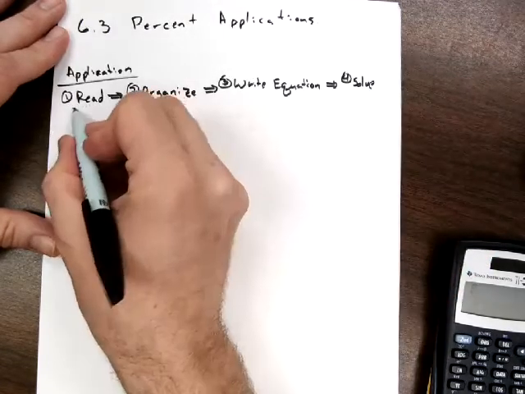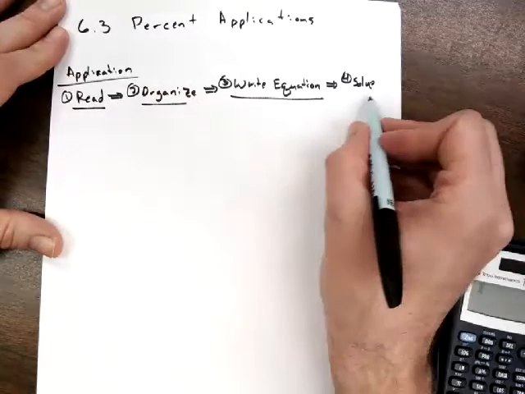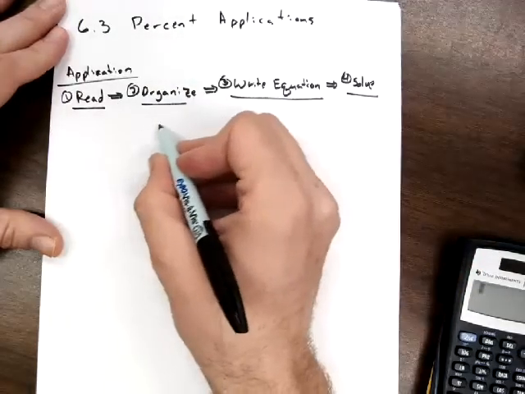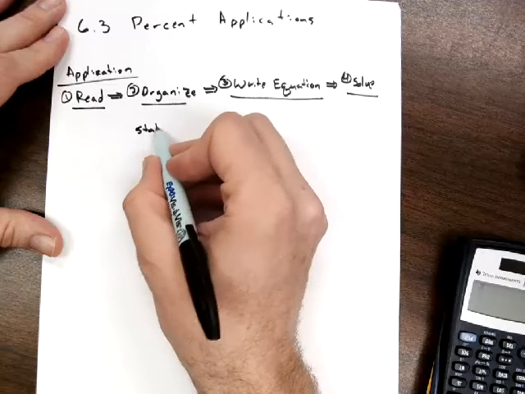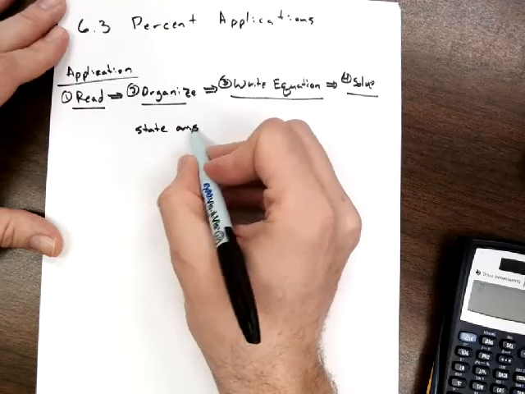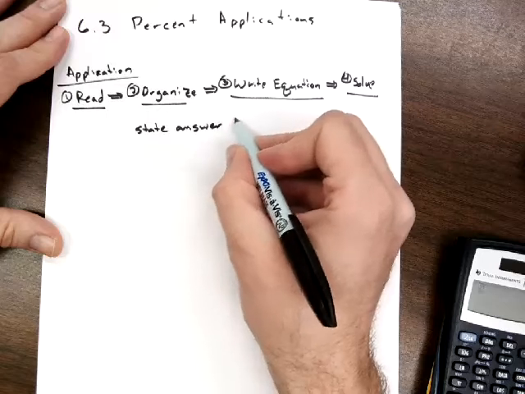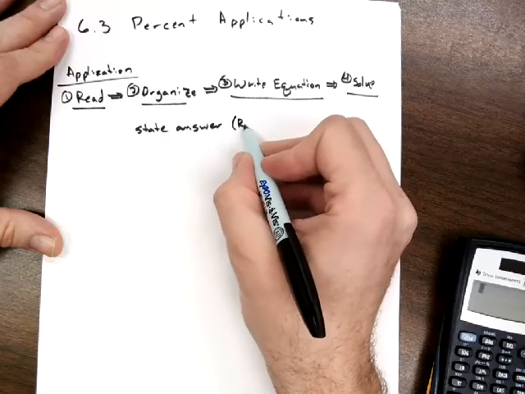So: read, organize, write your equation, solve. After that, you need to state your answer, and in this case, also remember your units.